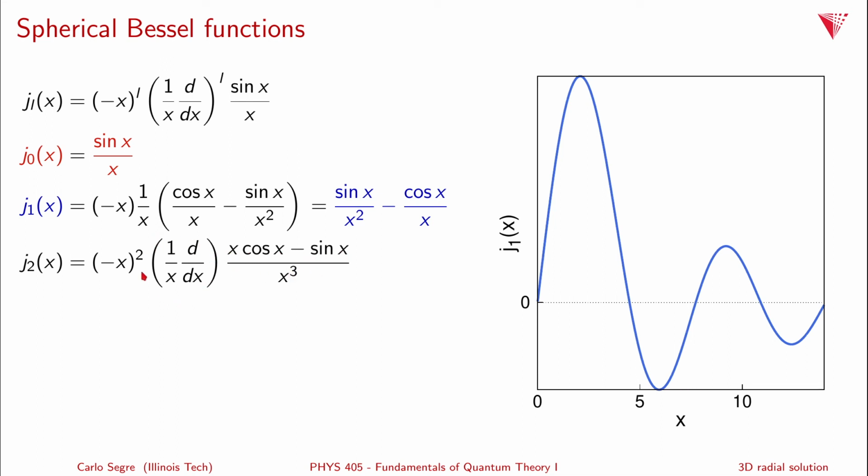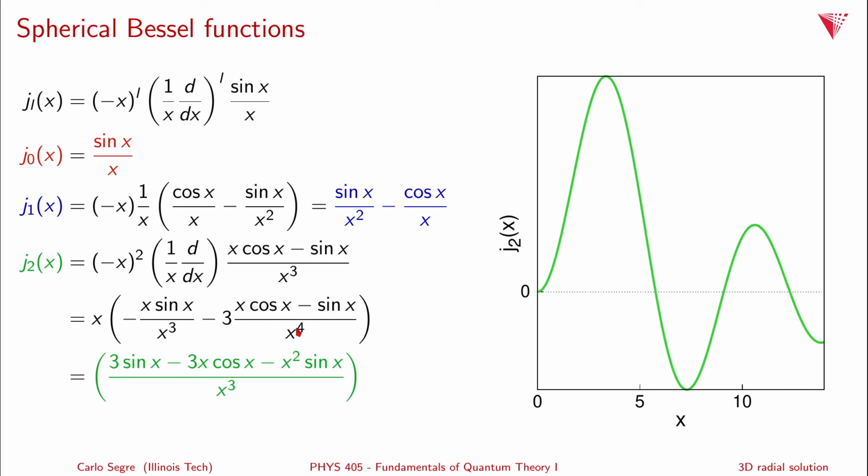And now I take the second derivative here. When I apply the second derivative, and I take this out here, I get x squared times 1 over x. That gives me x. Then I take the derivative of this quantity here, and I get 3 terms out of this. The first term, and 2 are combined. So the first term is minus x sine x over x cubed. That's the derivative of cosine x. Then I take the derivative of 1 over x cubed. So I have minus 3 times x cosine x minus sine x over x to the fourth.